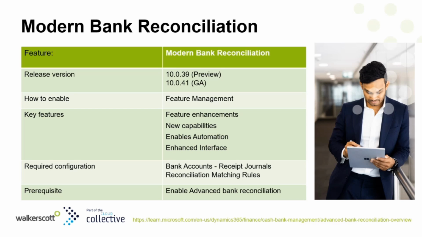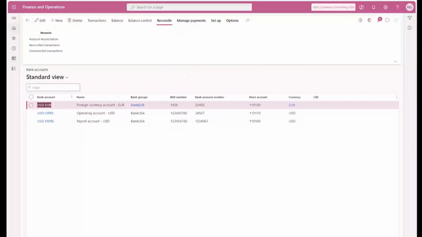We can enable modern bank reconciliation and set it up for use, but I'm sure Microsoft is doing a lot more to improve it and add new features. So we will continue to see more changes in this area. I will do a quick demo now.